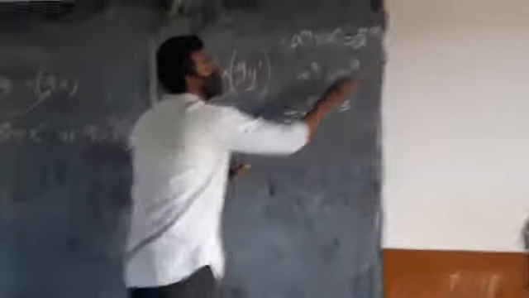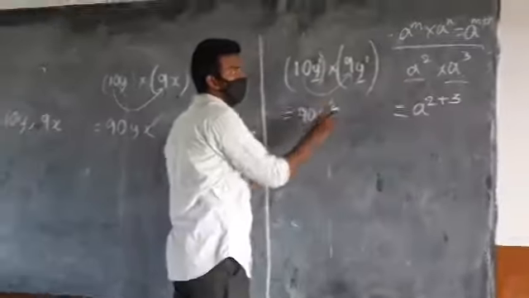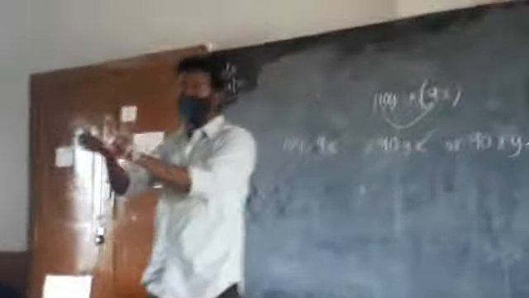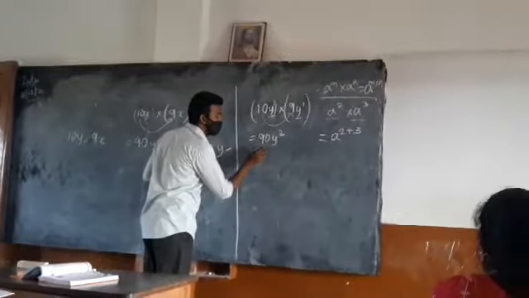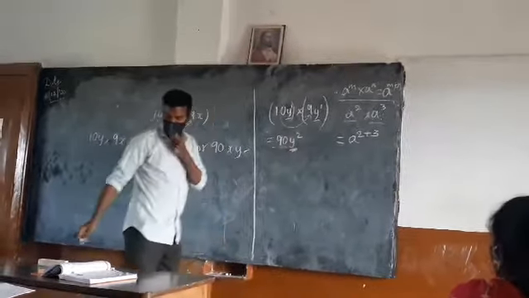Very good. Using this property, y power 1 into y power 1 equals y power 1 plus 1, which is 2. That is why we have got the answer as 90y square. Be careful. y square.